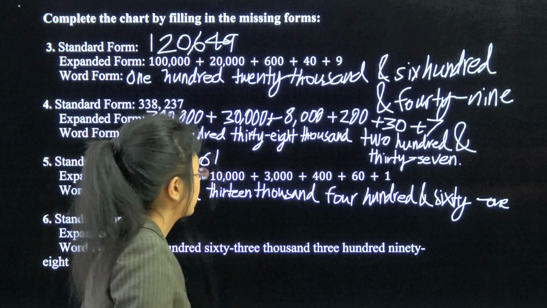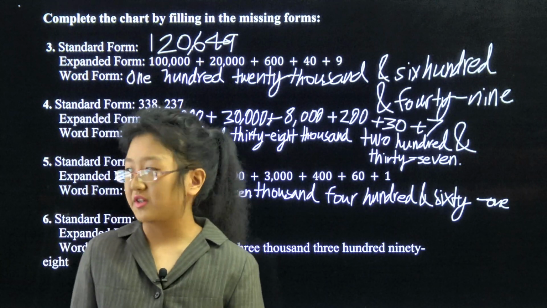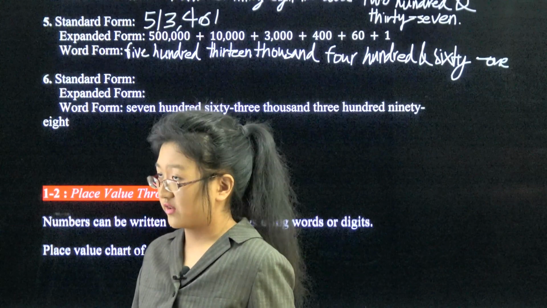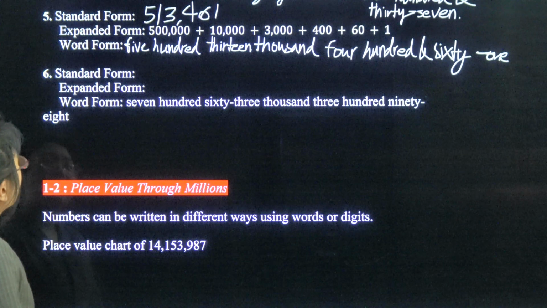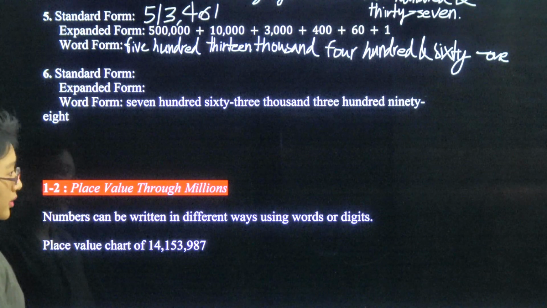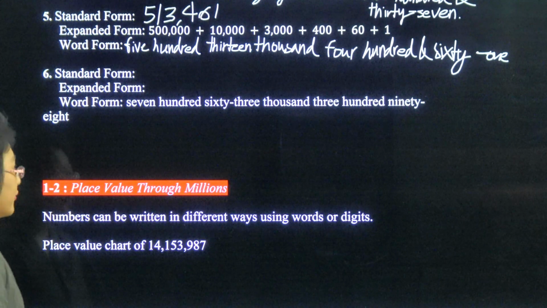Yay! We're going to move on to question number 6, which is also the last question of the section. Standard form, word form is actually what we get. Unfortunately, we don't get expanded form or standard form.